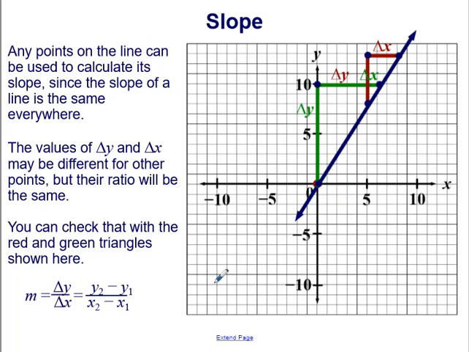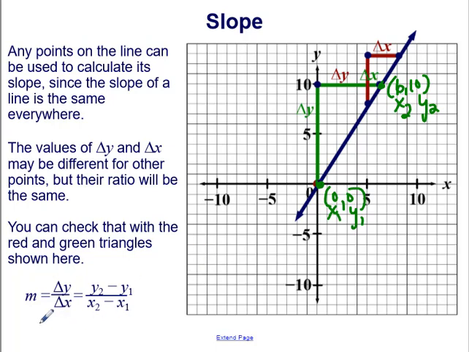So here, the green triangle. We can see with the green delta y and delta x that if we use the points, we're going from the point 0, 0 to this point here, 6, 10. So we have our x1, y1, and our x2, y2.